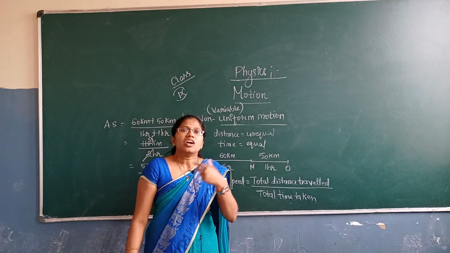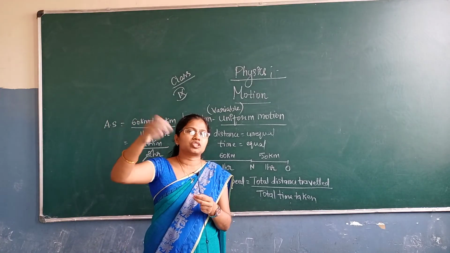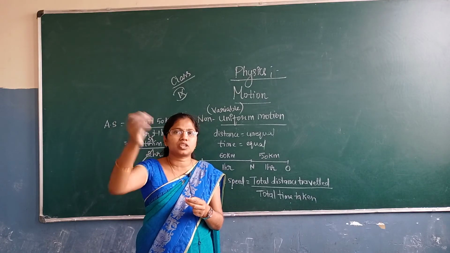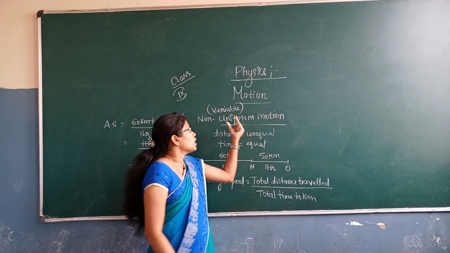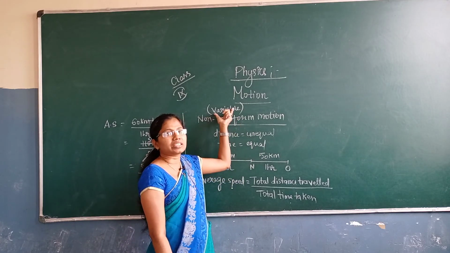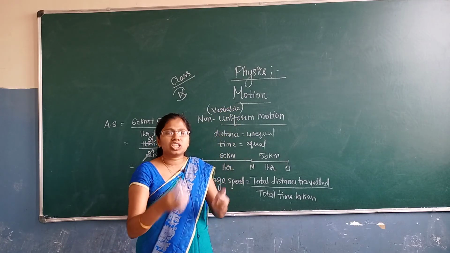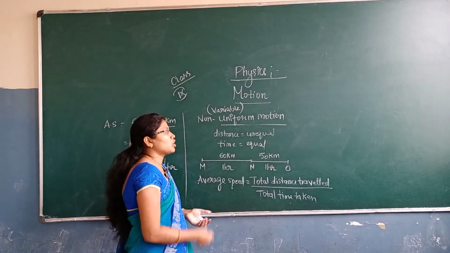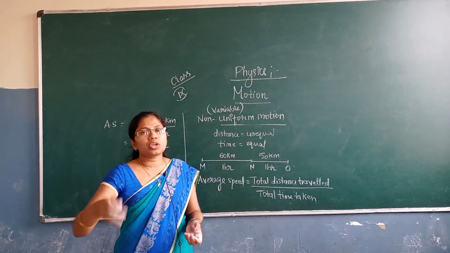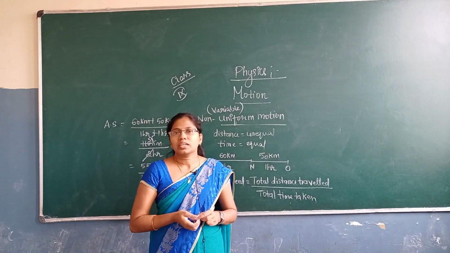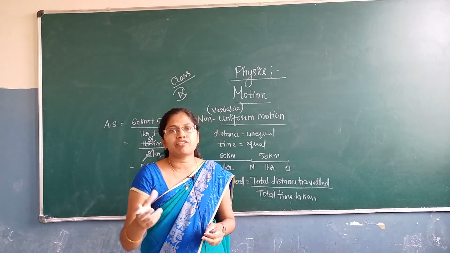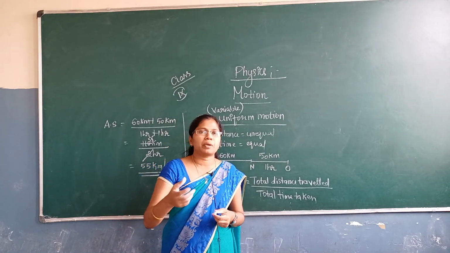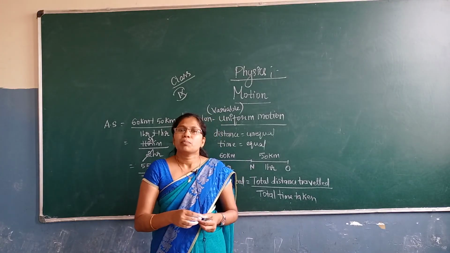It will not be constant. Sometimes we may go fast, sometimes we may go slow. When we go like that, the speed becomes variable, that is, it changes. Or we can also call it non-uniform speed. Okay? So this is about the speed for the uniform motion and the speed for the non-uniform motion.